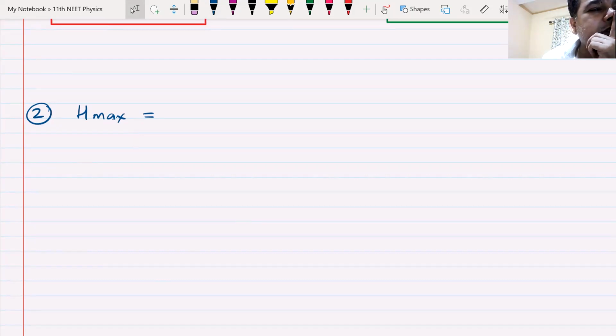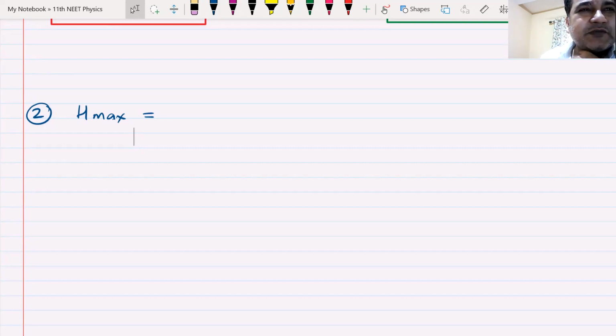Has anyone gone through the handwritten notes that are there in your PDF? Can anyone tell me what is the formula of maximum height?